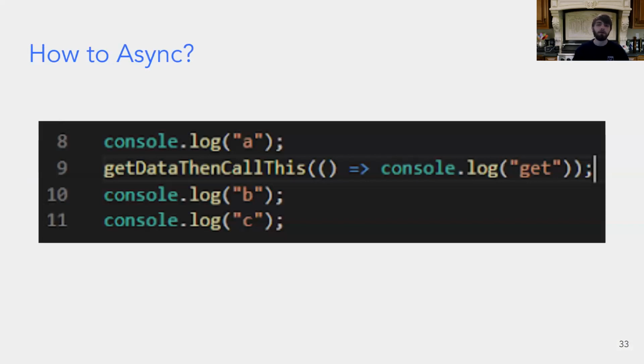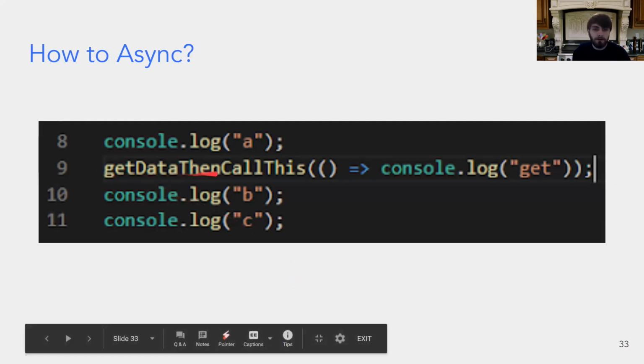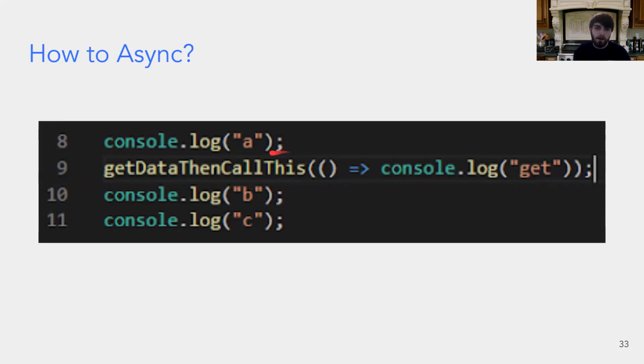And so we've talked on a high level about what async is, but we haven't really said how we do async, at least on a concrete level. So here I have some function, get data, then call this, that just makes a get request.